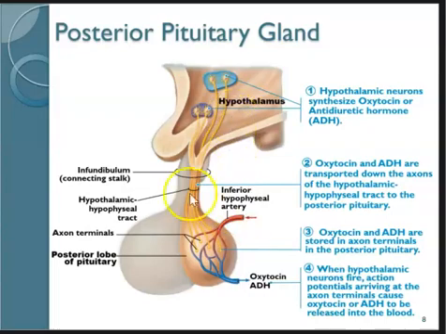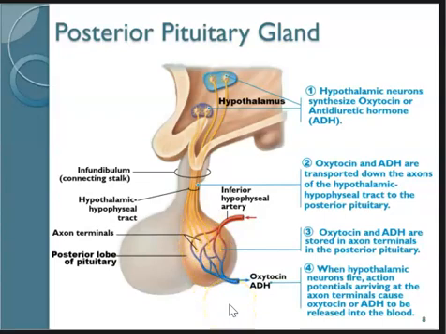So it's going to store two hormones that are produced by the hypothalamus. It's ADH, antidiuretic hormone, and oxytocin. So the hypothalamus will produce it, while it's stored in the posterior pituitary gland and released from here. If you follow the neuron, it's going down here, and the axon terminals are here from where they are released.